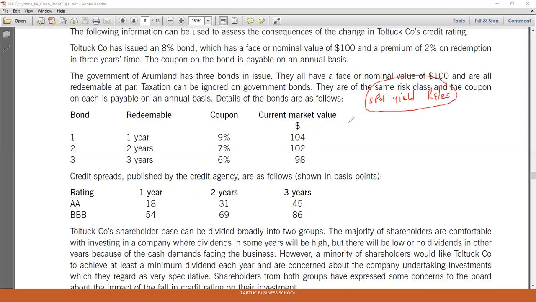We needed the spot yields for year 1, year 2, government spot yields, so the risk-free rates. So these yields are what we're missing. And then you bring in the credit spread. So that's what was missing here.